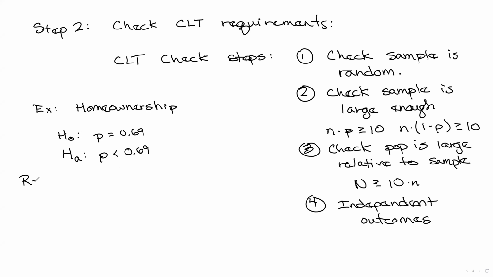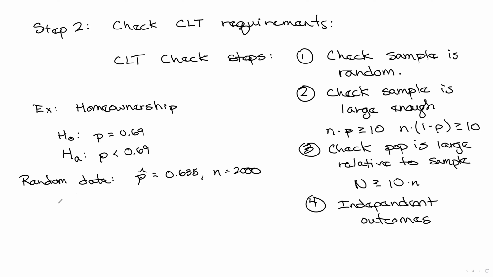Then we went through and collected some random data. We looked at a sample, and from the sample data, we got 63.5% were homeowners, and the size of the sample was 2,000. 2,000 people were interviewed or surveyed.